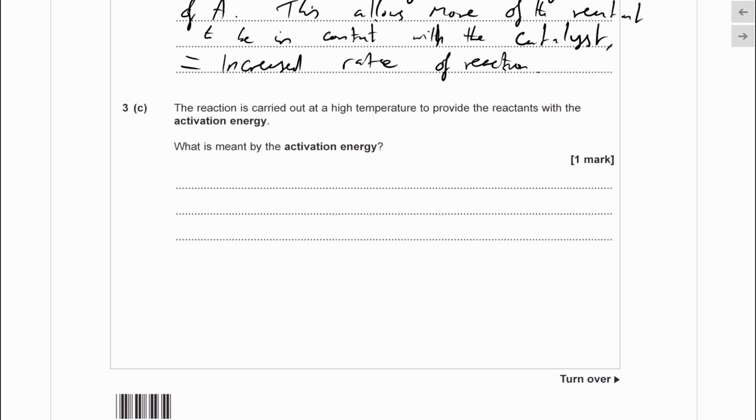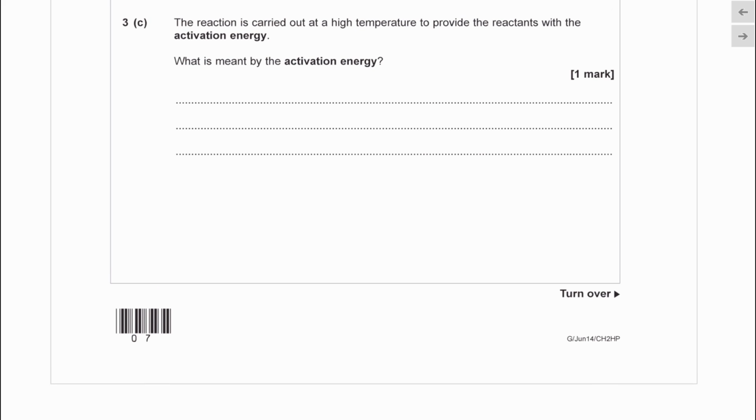The reaction is carried out at a high temperature to provide the reactants with the activation energy. What is meant by the activation energy? Now this is a definition that you just need to know.